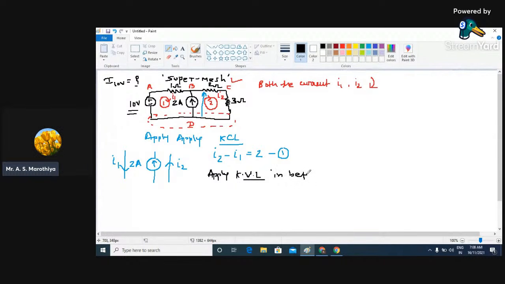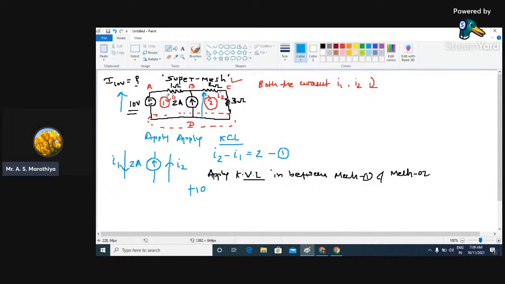By applying that logic, VR is positive and VD is negative. VR means voltage rise, which I'm going to take as positive, and voltage drop I'm going to take as negative. So when we are moving from point D to point A, we are experiencing a rise, negative to positive. So this is going to be plus 10.